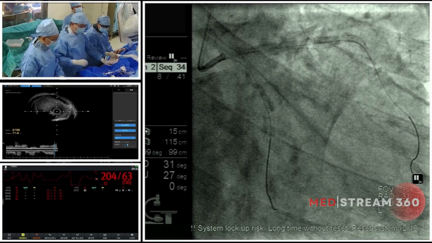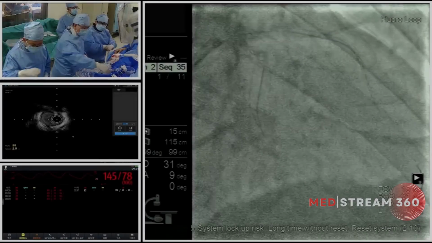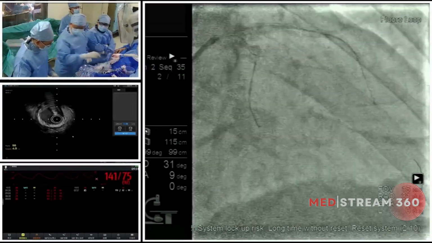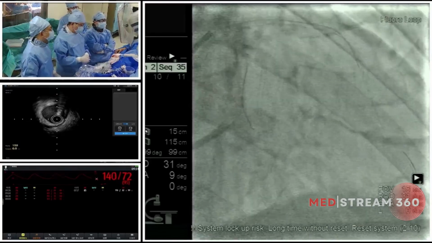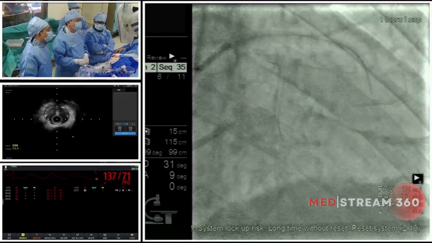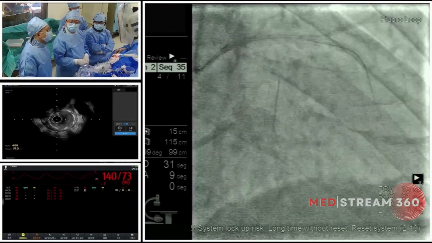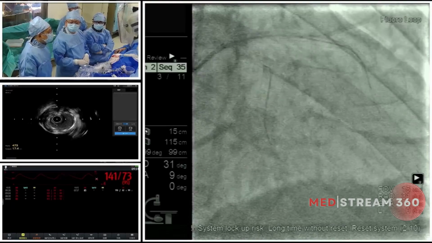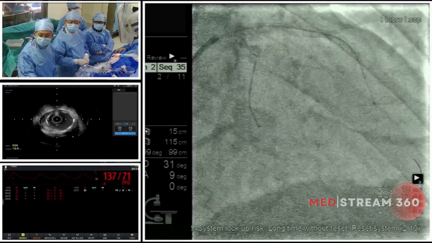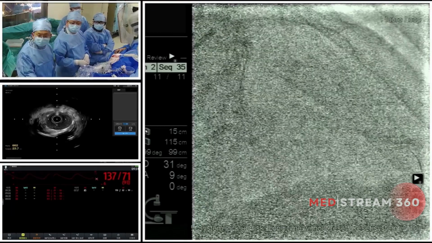So now we are doing IVUS after the stenting, right? Yeah. Dr. Wang, can you take us through the IVUS image? Okay, we can see the stent, and the lumen now is acceptable, but we need some post-dilatation.